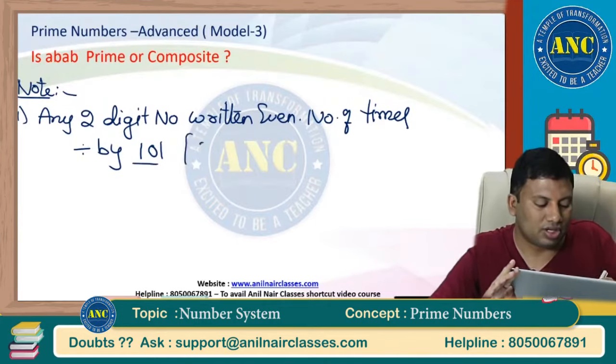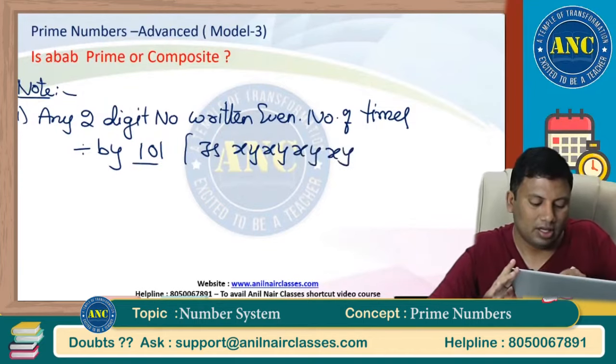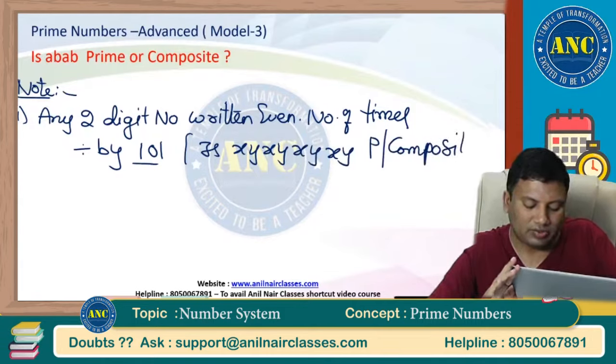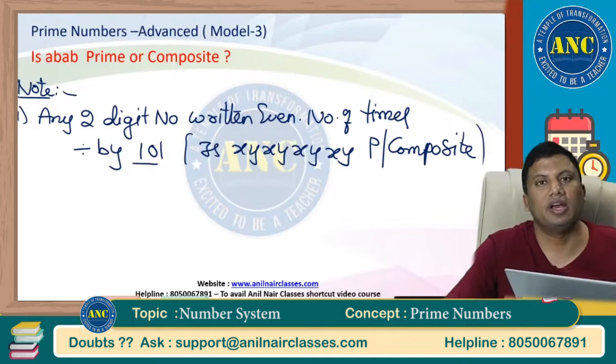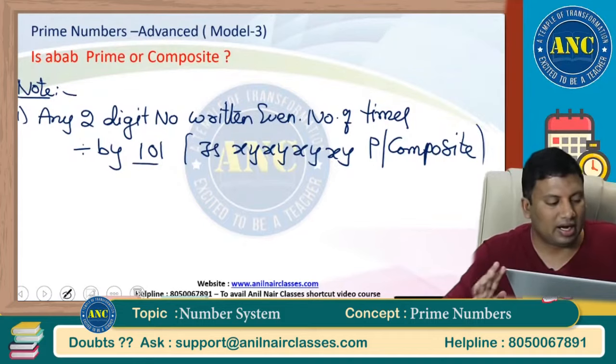So if the question is XY, prime or composite, you can use this logic. A 2-digit number written even number of times is always divisible by 101.